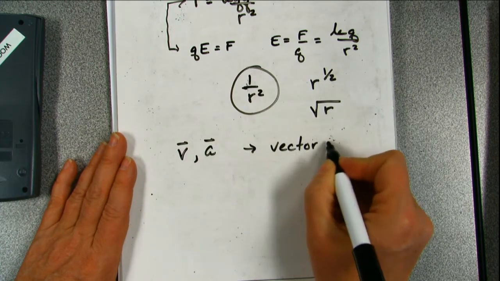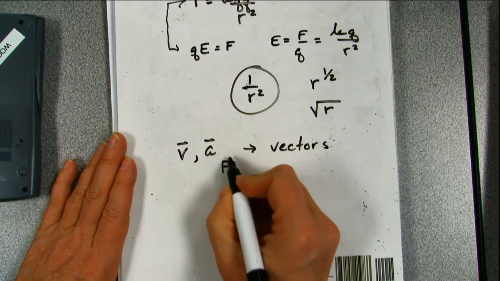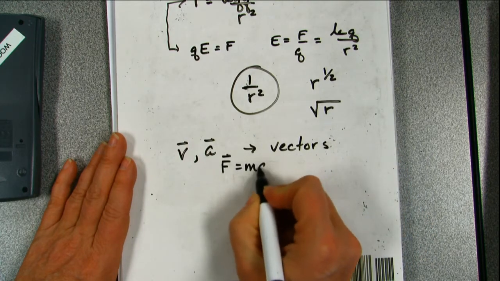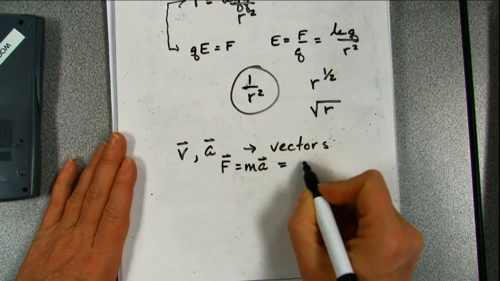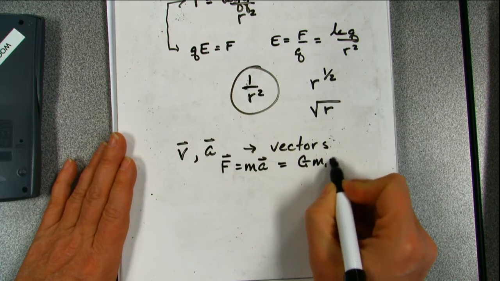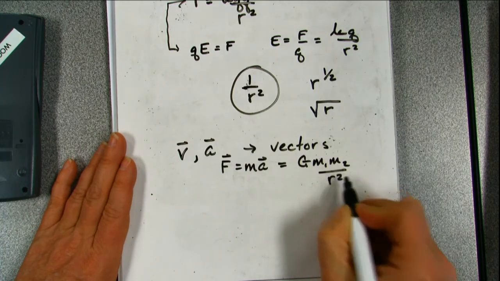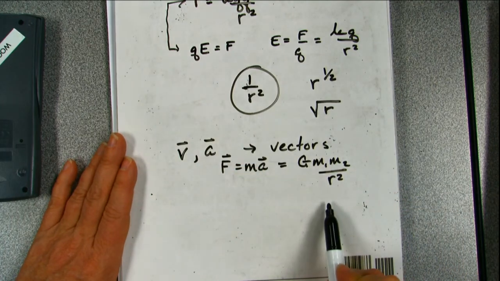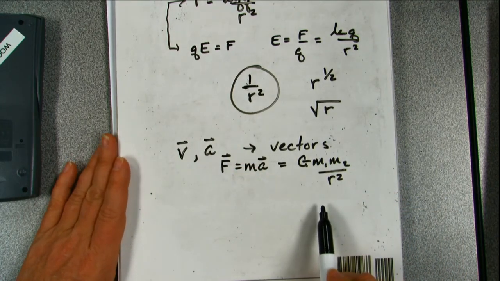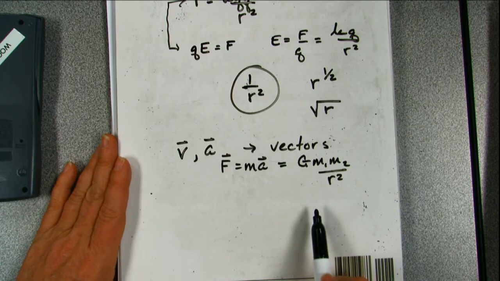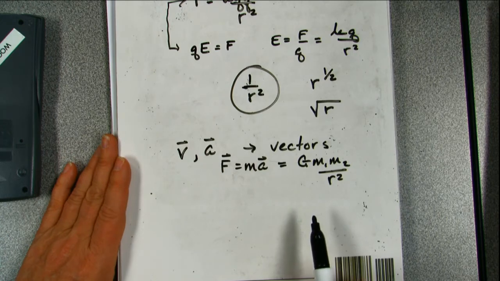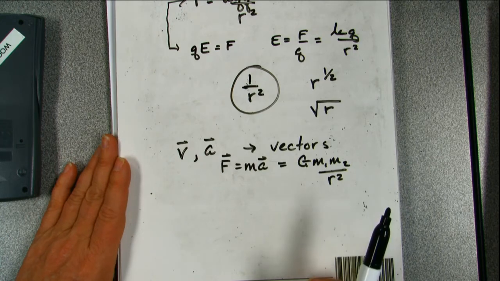Then we got to force, so F equals MA, or it was equal to G M1 M2 over R squared. Now you see another 1 over R squared, which is why, when in doubt, on your MCATs, pick the 1 over R squared answer, because it's going to be a better than 50-50 shot.